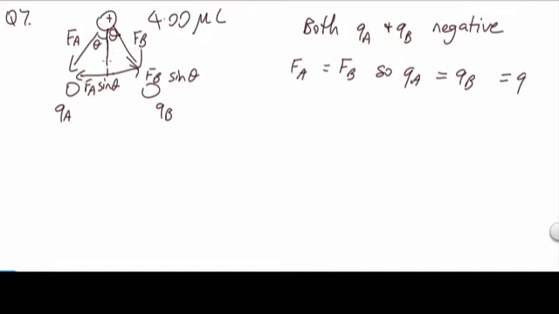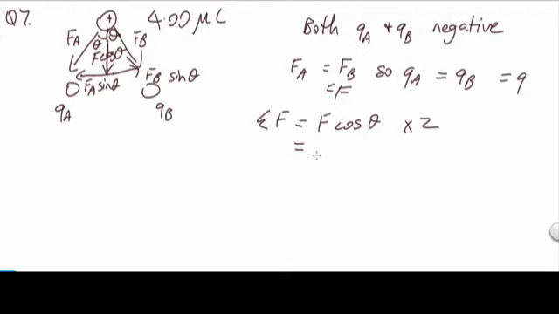So each one of these Q's will be contributing a downwards component of force, and that will be F, let's just call it F here, cos theta. So the net force is going to be F cos theta, which is the vertical component of each one, times 2.